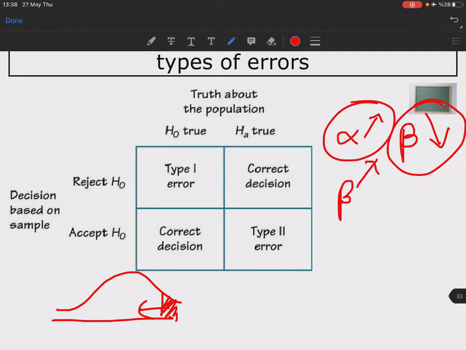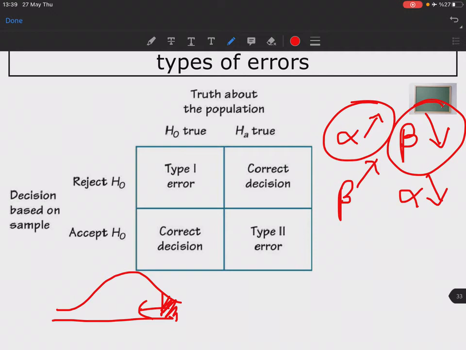What also holds if you reduce the rejection region, that means that you're making a very strict test, then it means that you're decreasing the probability of having type 1 error, but you're increasing the probability of having a type 2 error in this case because it's becoming so strict.